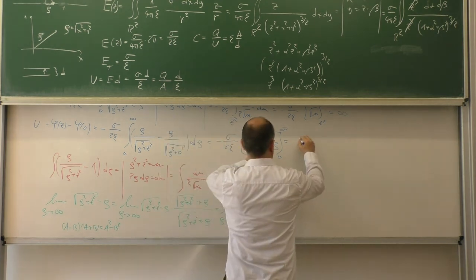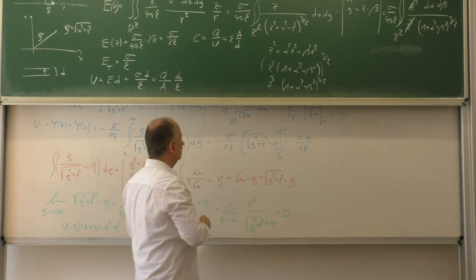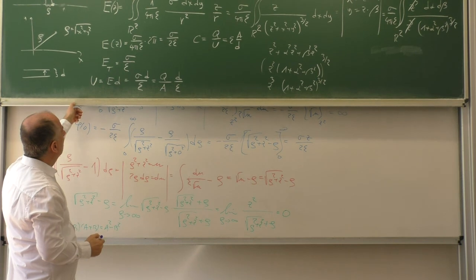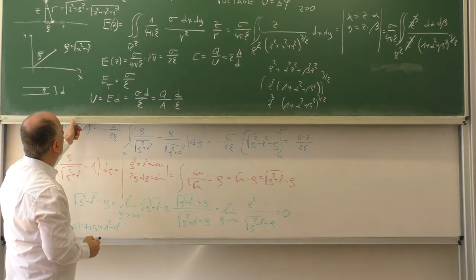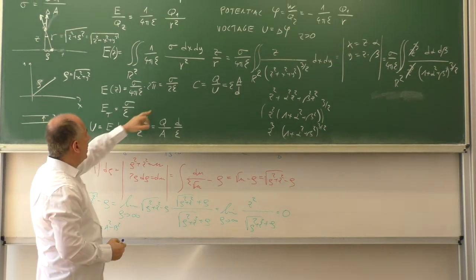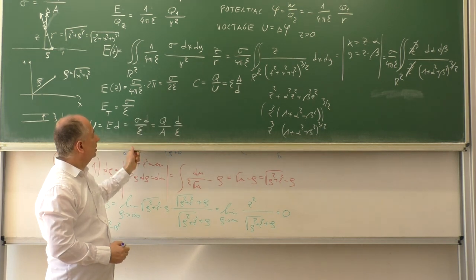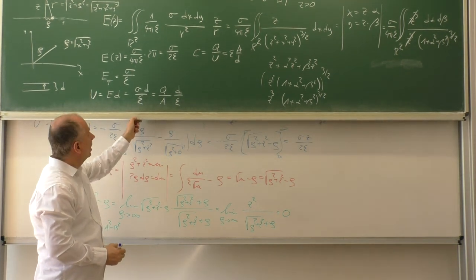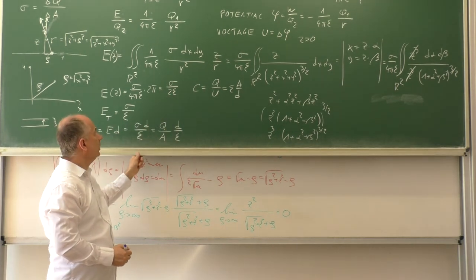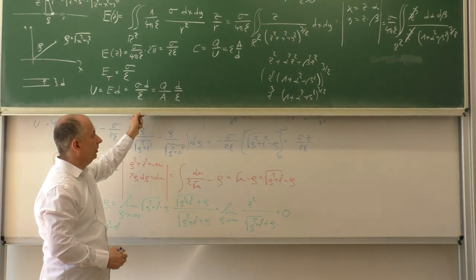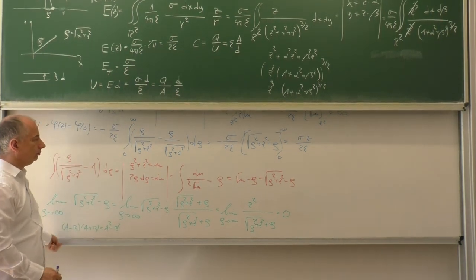So the result is sigma z divided by 2 epsilon, which is in perfect agreement with the intensity, because if we integrate this constant along z, we get sigma z divided by 2 epsilon. Well, and the rest is the same.